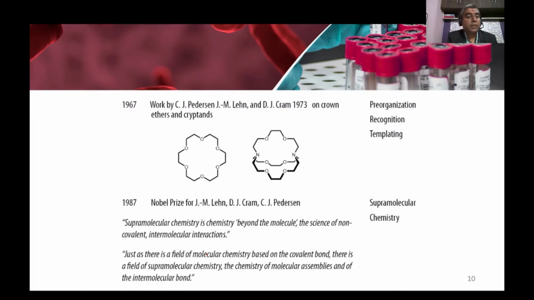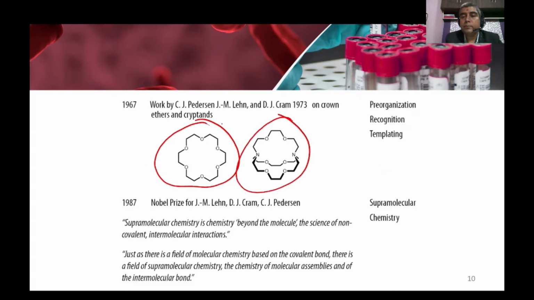In 1967, the three scientists, C.J. Pedersen, J.M. Lehn, and Donald J. Cram, developed crown ethers and cryptands, and they used these molecules for recognition and templating.